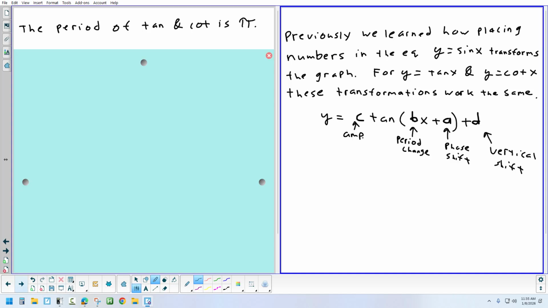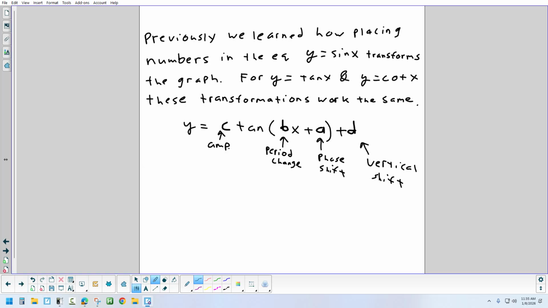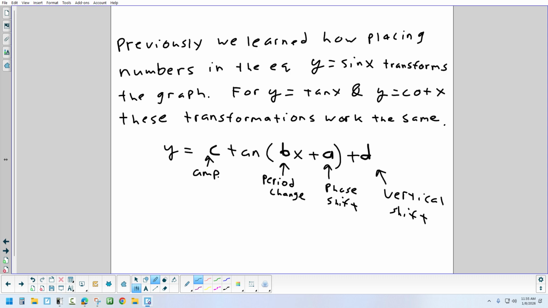All right, so I'm not going to go through transformations for tangent because they are exactly the same as everything that we did with sine and cosine. Same letters, same everything. But there's a chart.